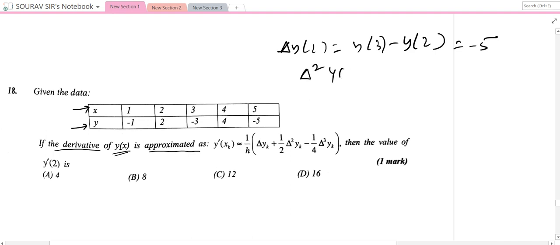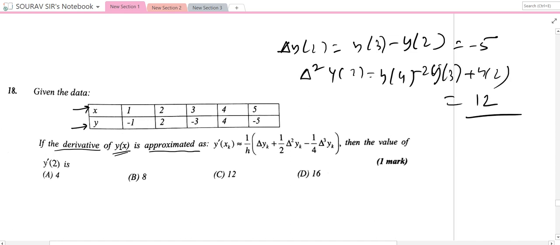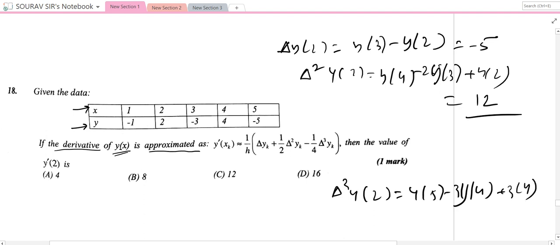Delta square y2 is y4 minus 2y3 plus y2. 4 plus 6 plus 2, so this is 12. And delta cube y2 is y5 minus 3y4 plus 3y3 minus y2.